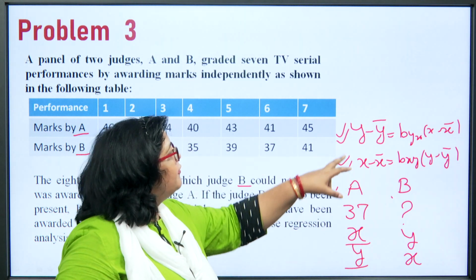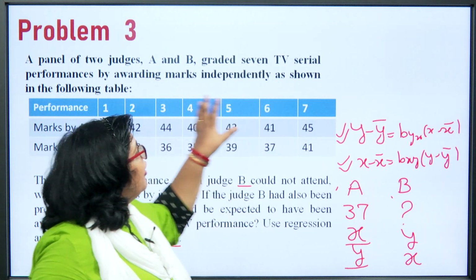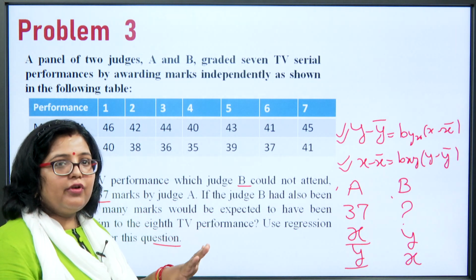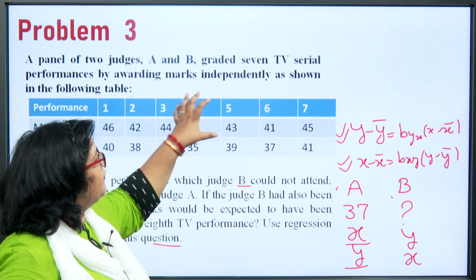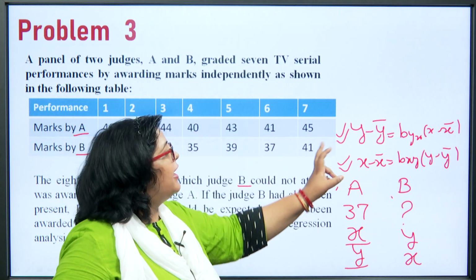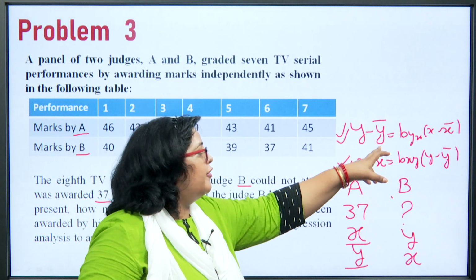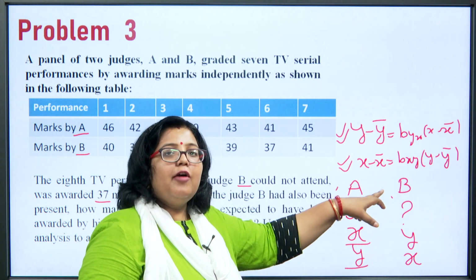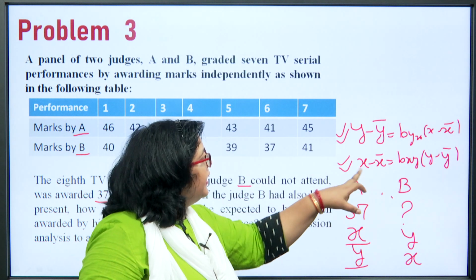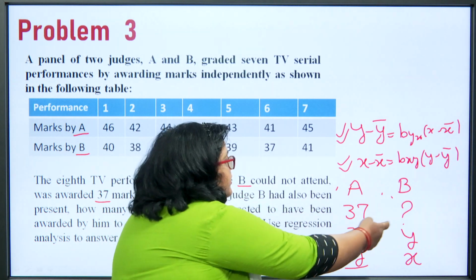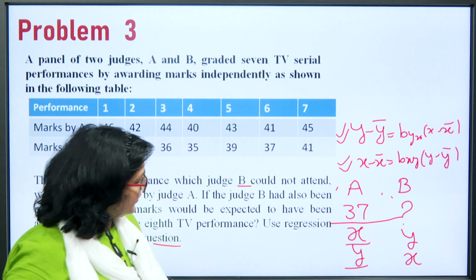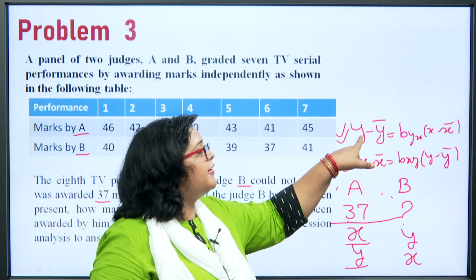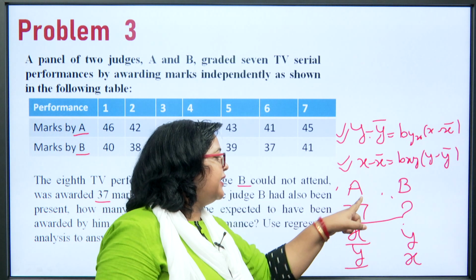If not specified, we have a choice: we use the line of regression y on x or x on y, depending on what is independent and what is dependent. If a is independent and b is dependent, we use the line of regression y on x.